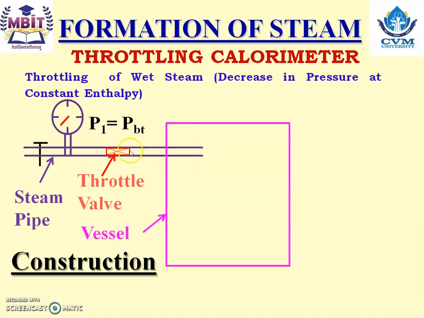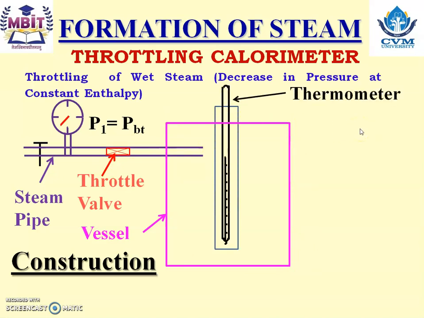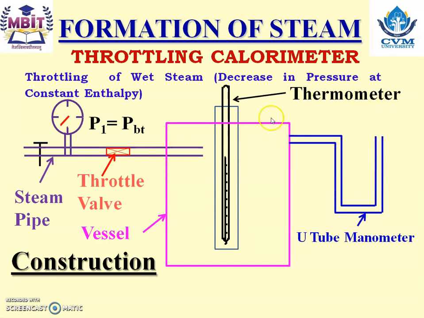At the end of the throttle valve, one vessel is connected, and that vessel has a thermometer which measures the temperature after throttling. And with that vessel, a U-tube manometer is provided. What is the function of the U-tube manometer? The U-tube manometer measures the pressure after throttling. So the thermometer and U-tube manometer measure the temperature and pressure after the throttling process.